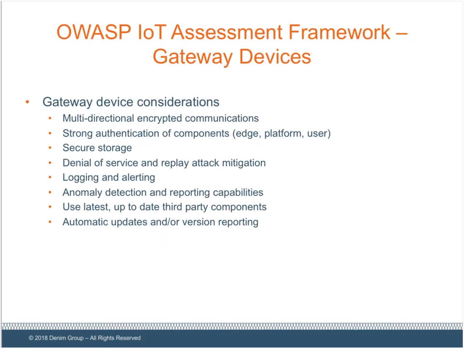Again, the second area is that gateway, that aggregated device. And where we see a lot of people going right now, at least on the home front, is building these capabilities to aggregate Nest and Ring and Hue and try to become the single-purpose aggregation device.